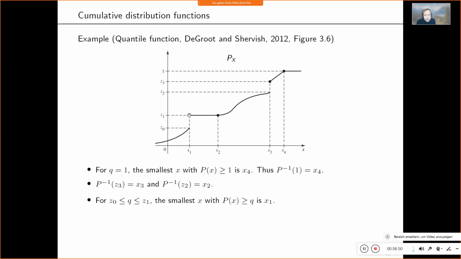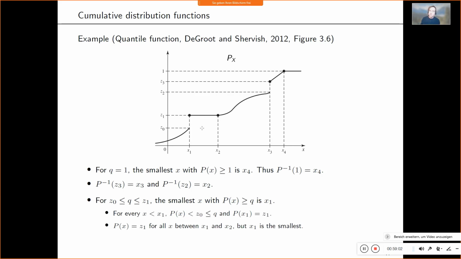Obviously it remains at z1 all the time, but the smallest x here is again x1. So this is kind of the beauty of quantile functions and the fact that CDFs are right continuous. It's a little bit tedious.